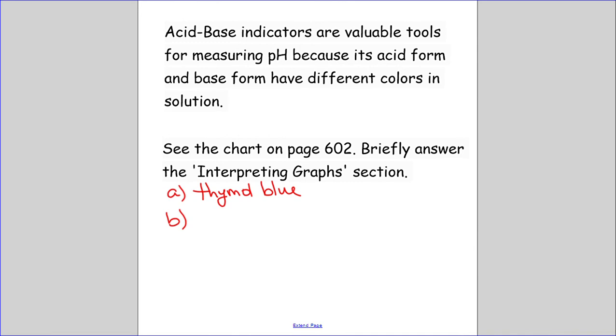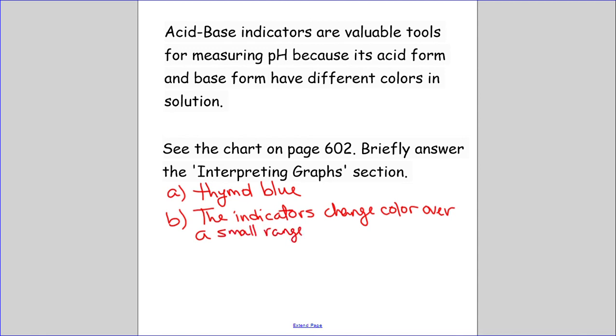The B part, in terms of indicators, the indicators change color over a really small range of pH.